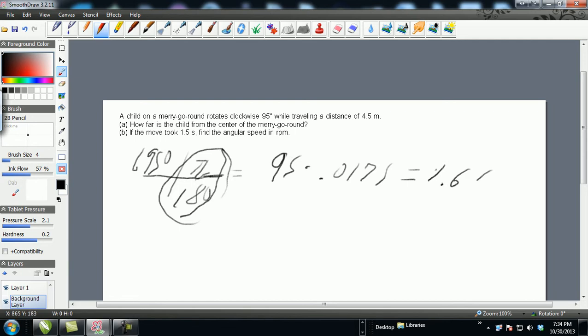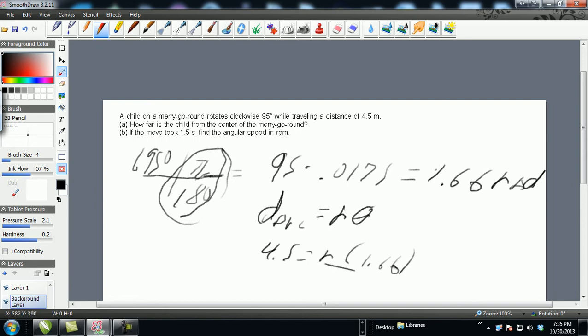1.66, right? Radians. Okay. How far is the child from the center? That's my radians. You know that d arc is equal to r theta, right? My d arc is 4.5, that's my distance, and my theta turns out to be that 1.66.